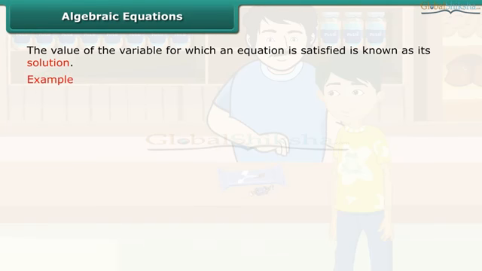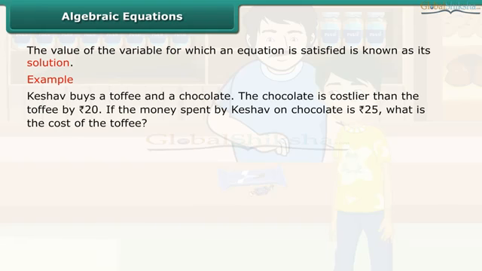Let us consider the example of algebraic equations. Keshav buys a toffee and a chocolate. The chocolate is costlier than the toffee by 20 rupees. If the money spent by Keshav on chocolate is 25 rupees, what is the cost of the toffee? Frame an algebraic equation and find its solution.